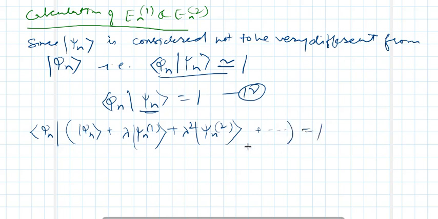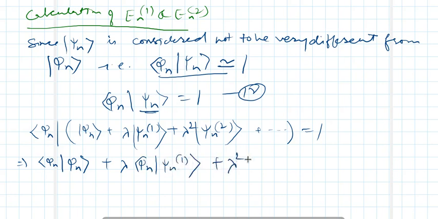This is equal to 1, which implies phi n phi n plus lambda phi n psi n1 plus lambda square phi n psi n2 is equal to 1.